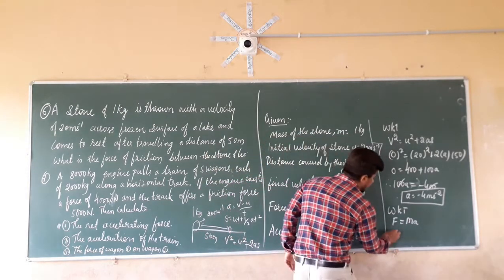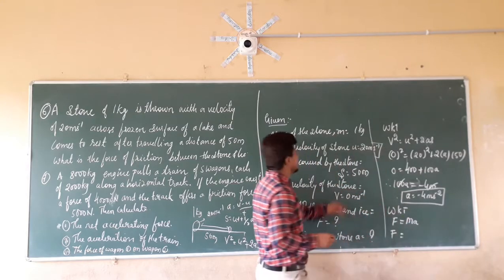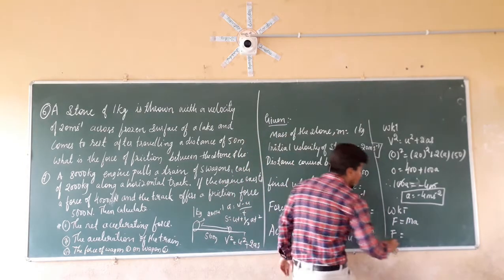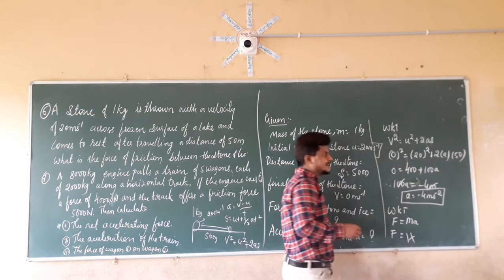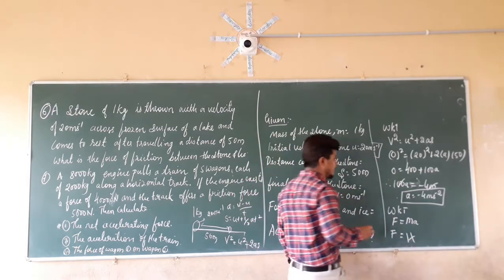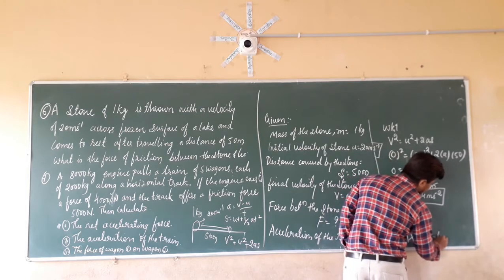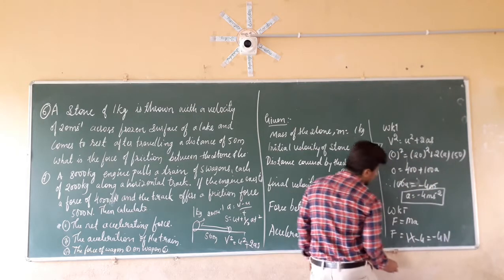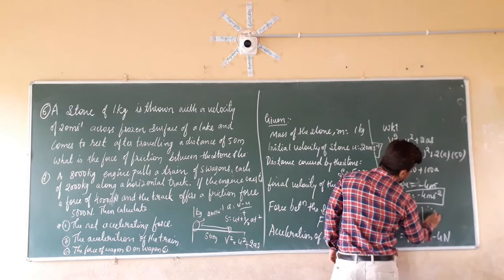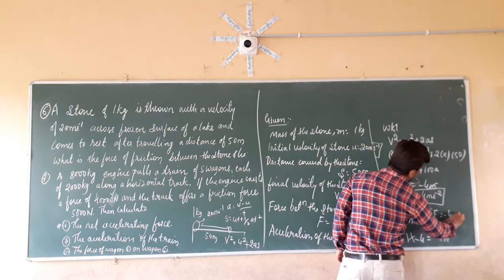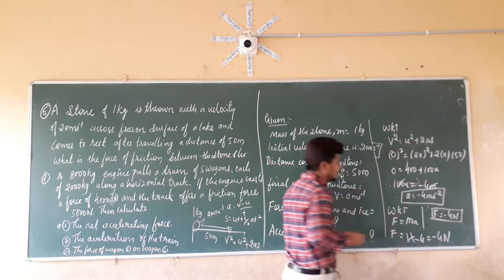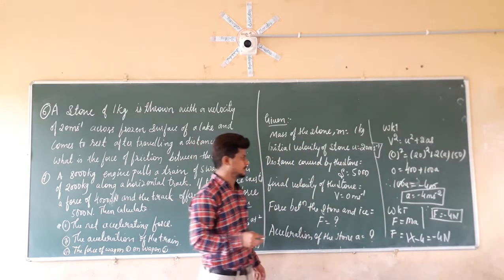Therefore, F is equal to, m is given as 1 kg, and we already calculated the acceleration, minus 4. Therefore, F equal to minus 4 newtons.